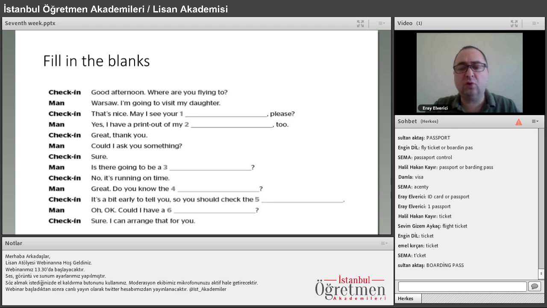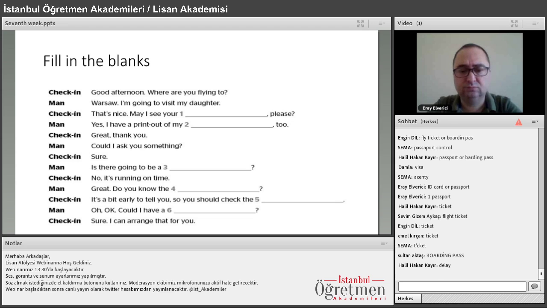Yeah, I think boarding pass is also acceptable, ticket and boarding pass. They have the same issue here, ticket and boarding pass. Thank you. So what about number 3? Delay.